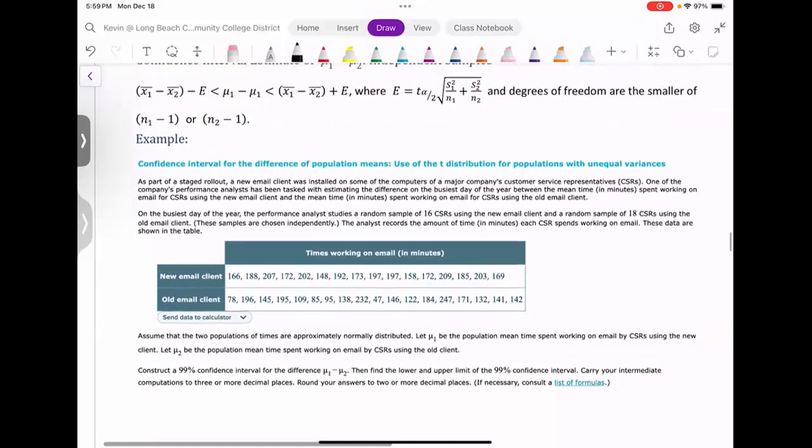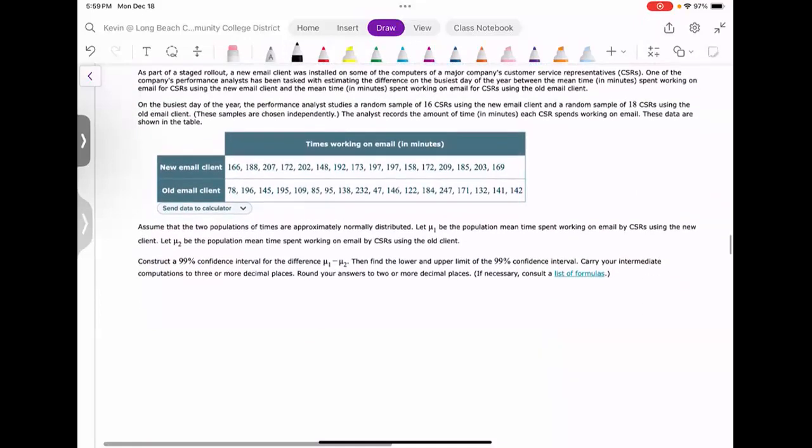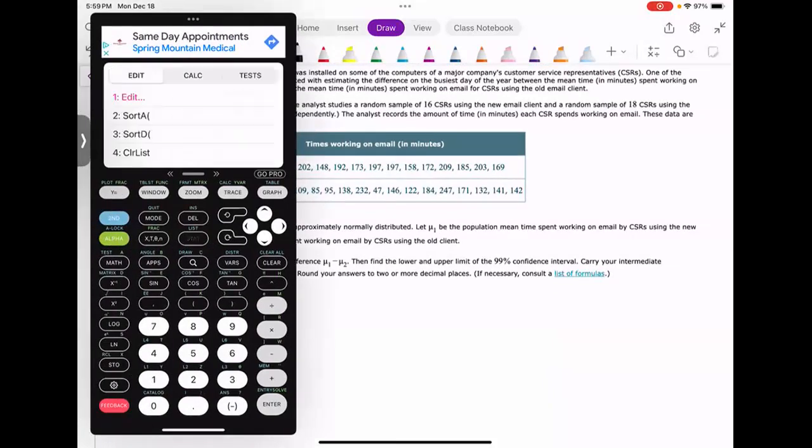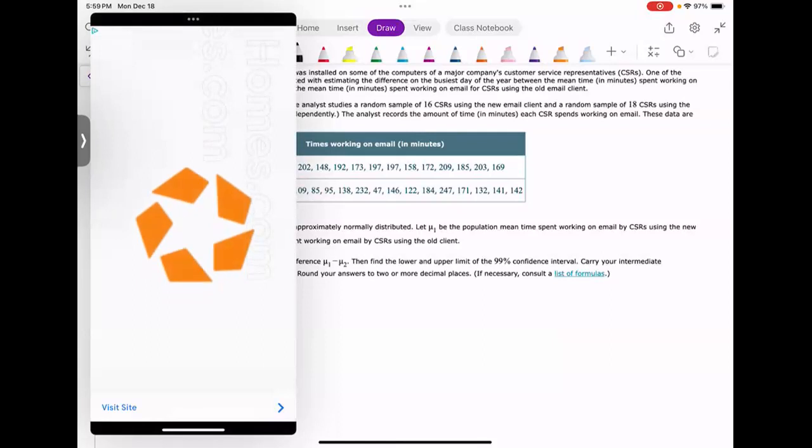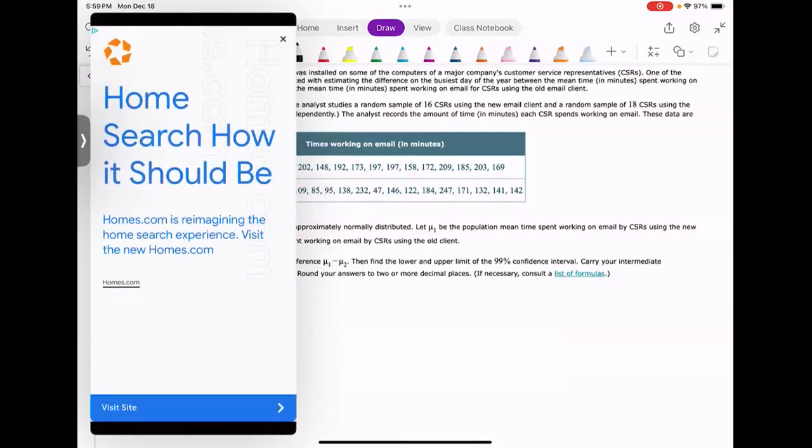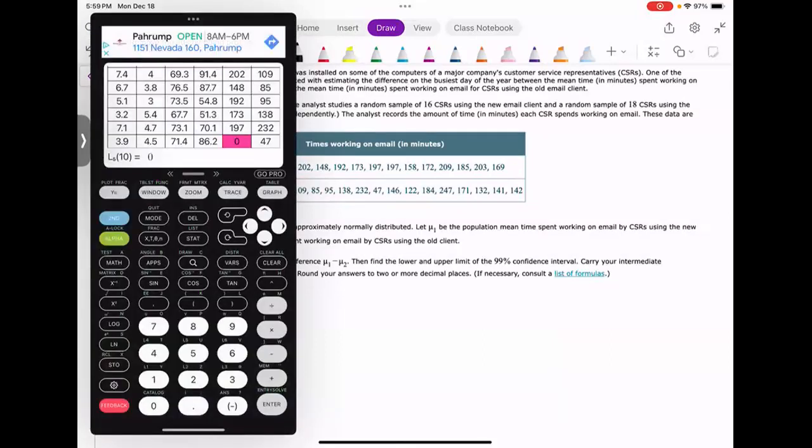Kind of like what we did before. All right, I want to make sure I didn't change my data. Oh, okay, good. So 197, and this is another 197.